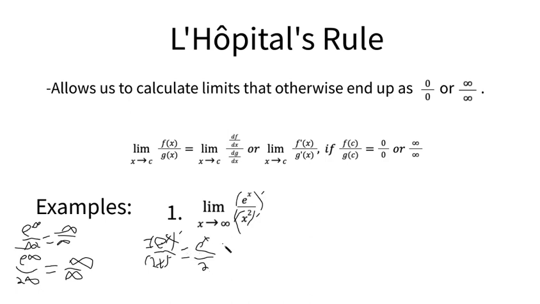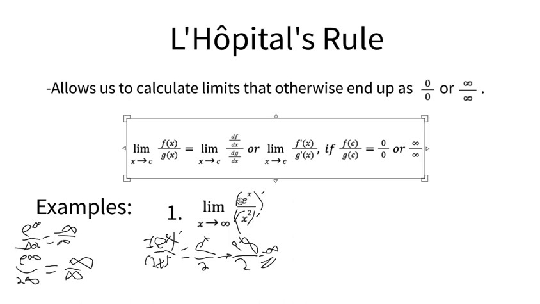So we get e to the x over 2, and if we plug in x equals infinity, we get e to the infinity over 2, which is equal to infinity. Infinity over 2 is just infinity. So our answer is infinity. It goes to infinity. Okay, let's do another example.